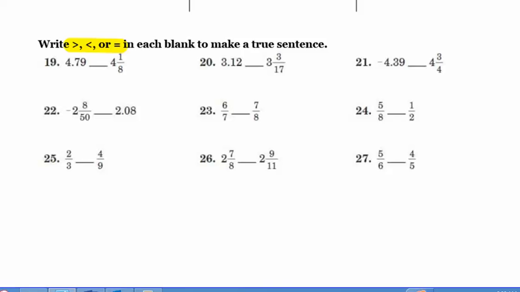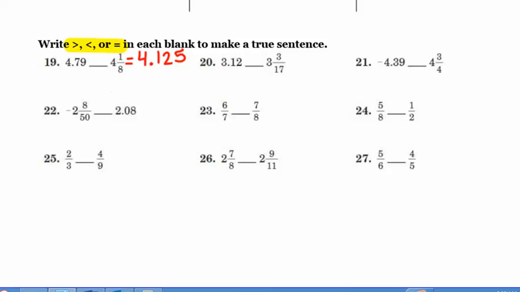So 19, we have 4.79, and then we have the fraction 4 and 1/8. Now 1/8 is a fraction I do want you to know, and that fraction is 0.125. So 4 1/8 we can take a look at as 4.125. Now it's going to be helpful to have both rational numbers expressed in the same form, whether it be both fractions or both decimals, because it's going to be a little easier to compare.